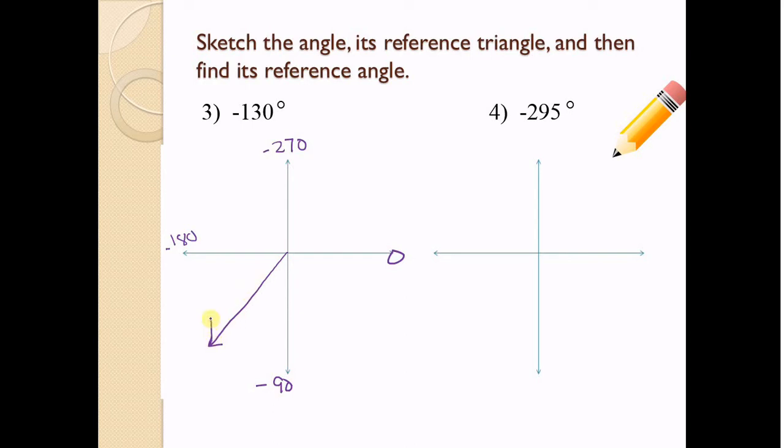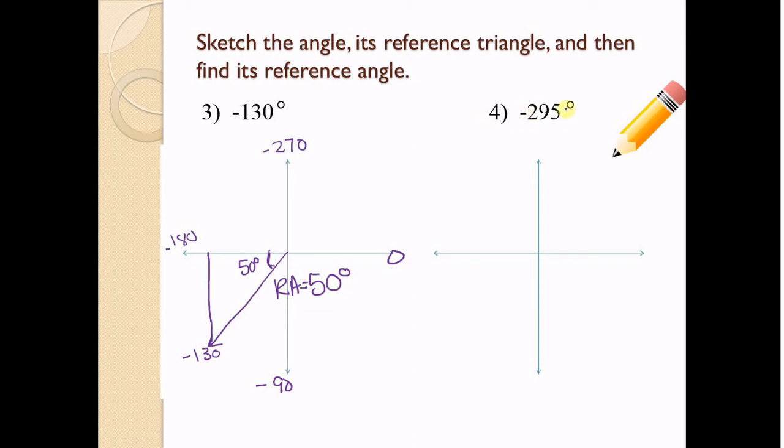Drop my perpendicular down to the x-axis. So now my reference triangle is drawn. My reference angle: how many degrees? So this is 130, right? How many degrees are between 130 and 180? 50, right? So my reference angle would be 50 degrees.